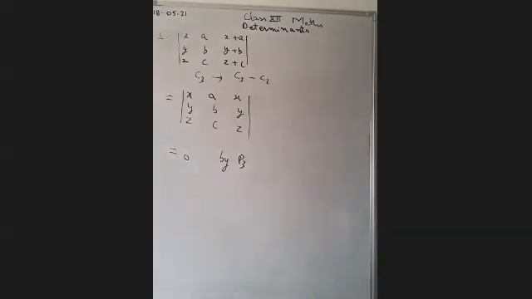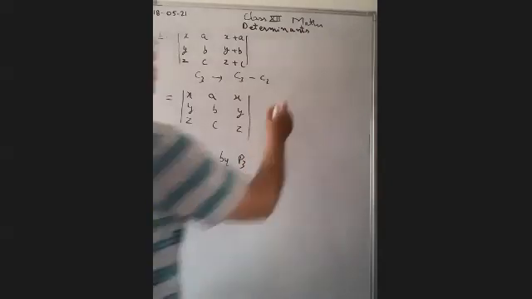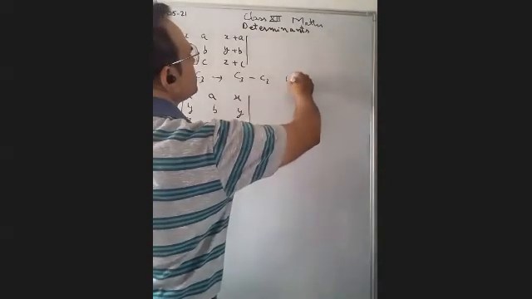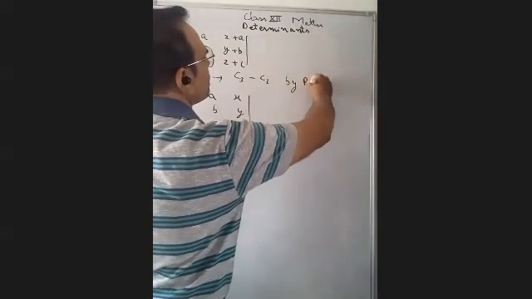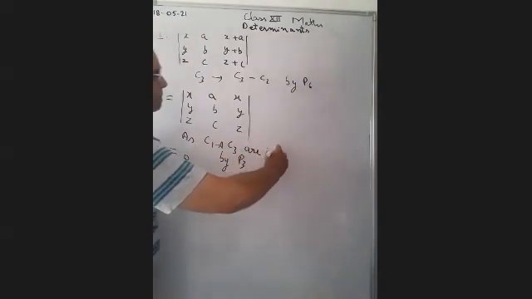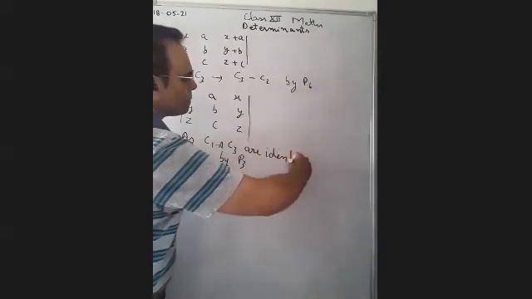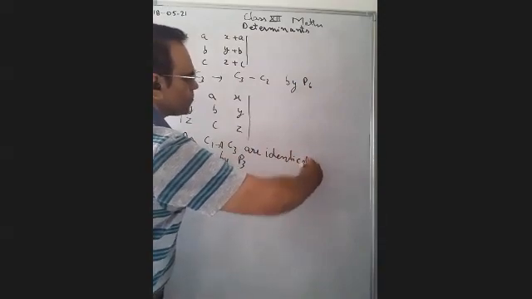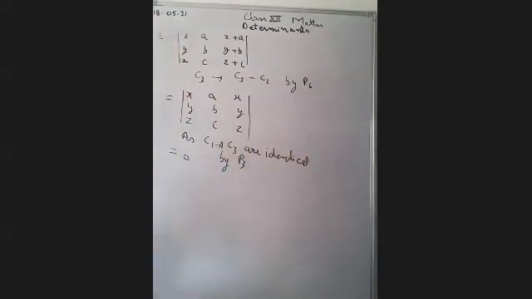Here you can mention which property we used, P6. The value of the determinant is equal to 0 because C1 and C3 are identical.